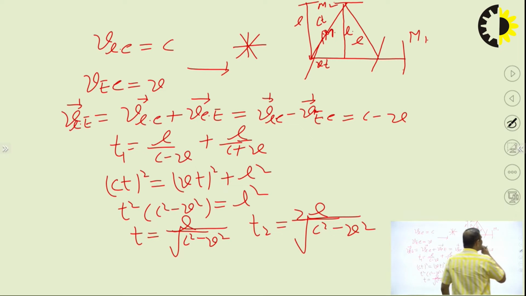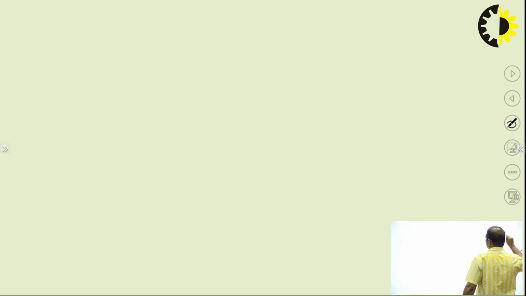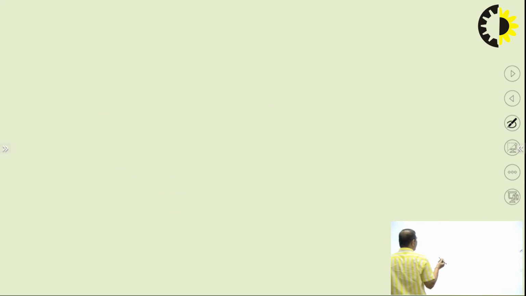Now, let's suppose we are interested in calculating this time directly with respect to Earth frame. We don't want to go towards the ether frame. Then how are we going to do this?